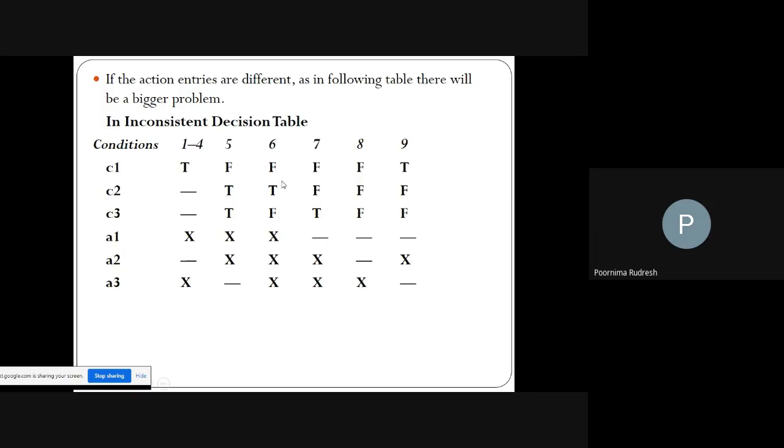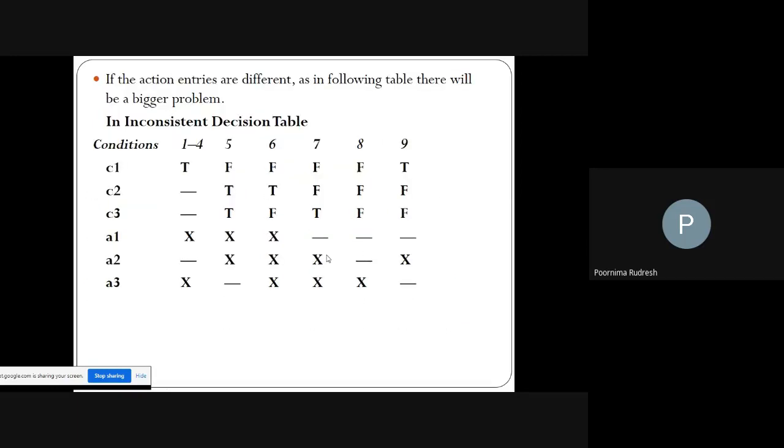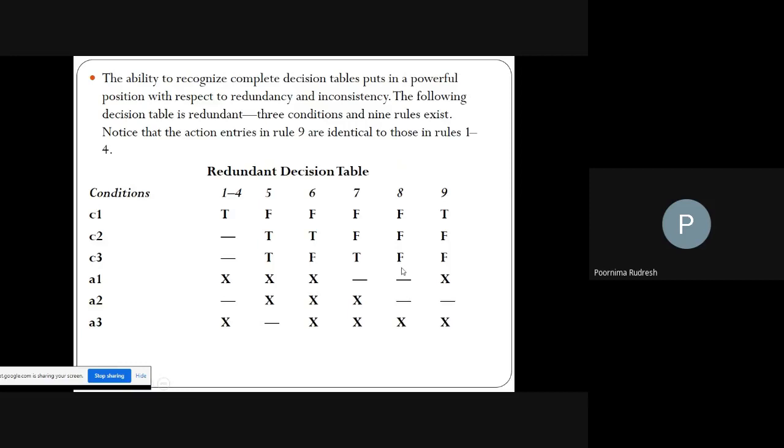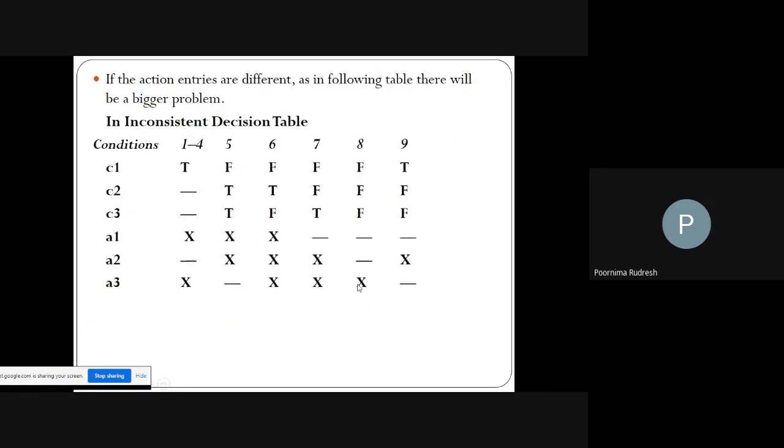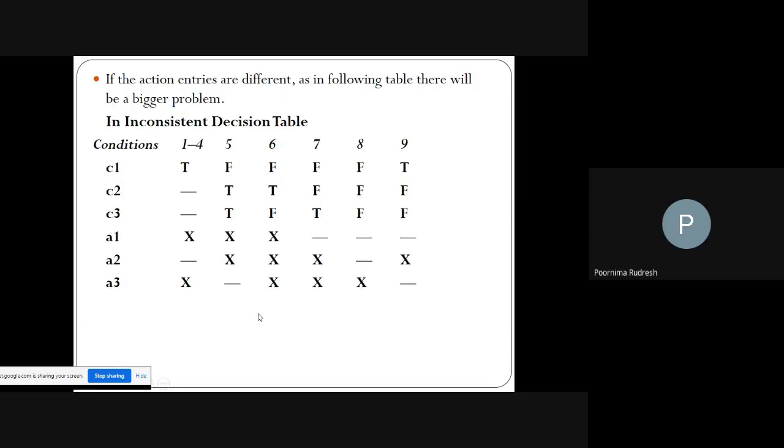Next we have the table for 6, it is FTF. Here it is FTF. All three conditions exist. See here, we'll just compare the action entries. For this one, we have the action entries XXX, don't care, X, and for this it is don't care, XXX, don't care, and the third one is X, don't care and 5 X's.